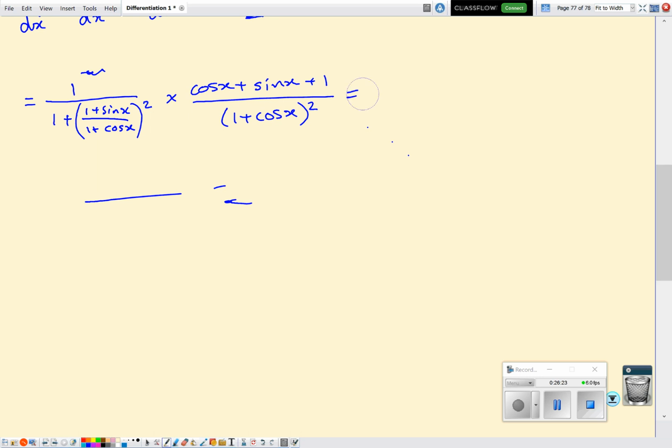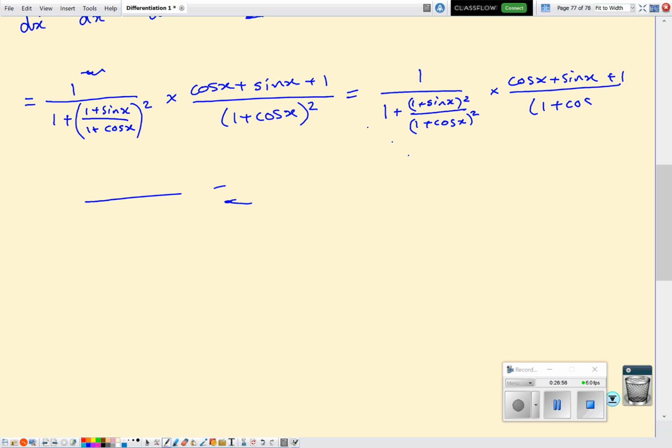Well, the easiest thing to do, let's work with the product on the left hand side. Let's have 1 over 1 plus, right, now I'm going to treat this as 1 plus sine of x squared over 1 plus cos of x squared times cos x plus sine x plus 1 over 1 plus cos of x squared.